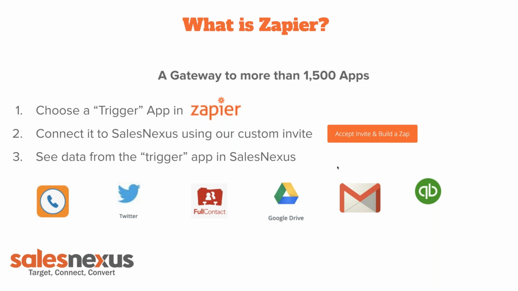Say somebody pays their invoice in QuickBooks and you want to see a closed sales opportunity in SalesNexus. You can do that with Zapier very simply, using the same techniques I'm going to show you. It's really endless. You pick a trigger app and you pick SalesNexus as the action, and you can make it do some really, really cool things.